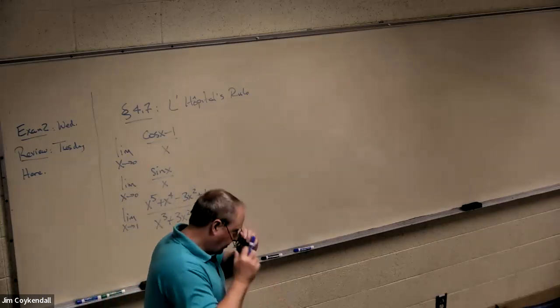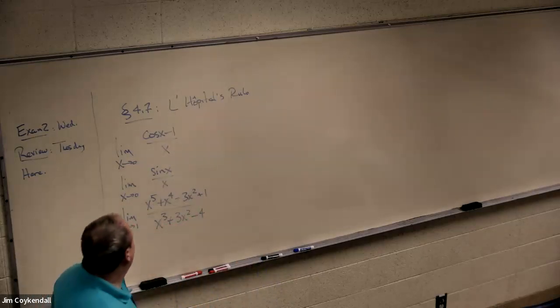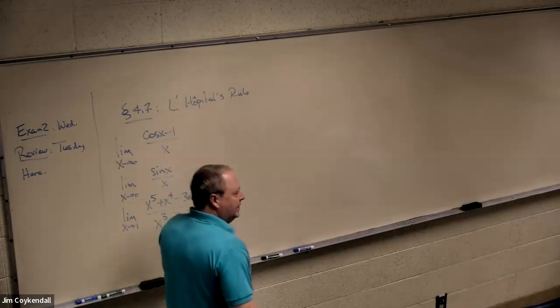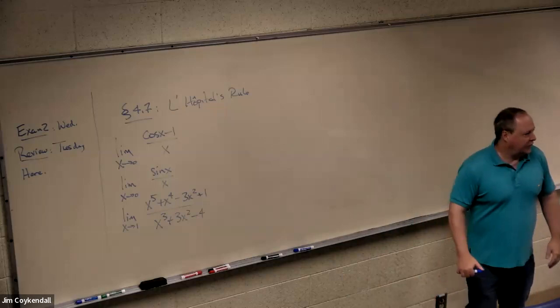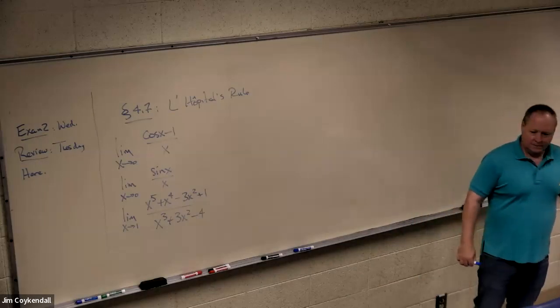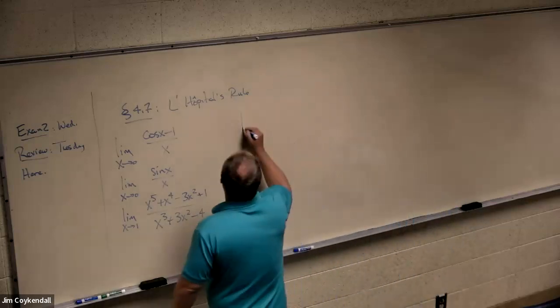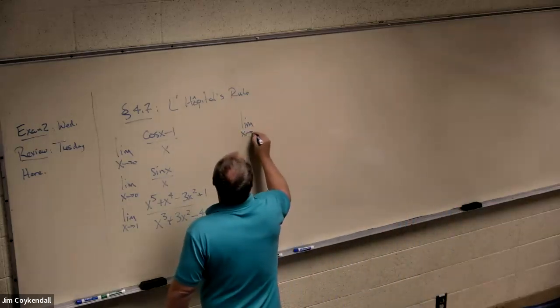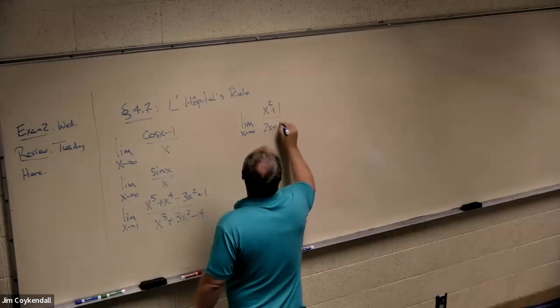Okay, so here are some limits. By the way, what's the first thing that you should always do if I ask you to do one of these limits? What's the first boneheaded approach that you make? For example, what's this limit as x goes to 0 of x squared plus 1 over 2x plus 4?